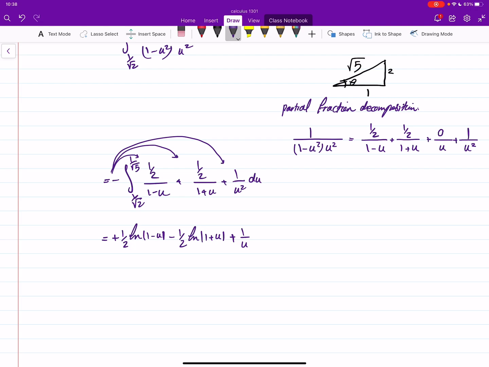Yes, so that will make it positive. Okay, and then this will go from 1 over root 2 to 1 over root 5.